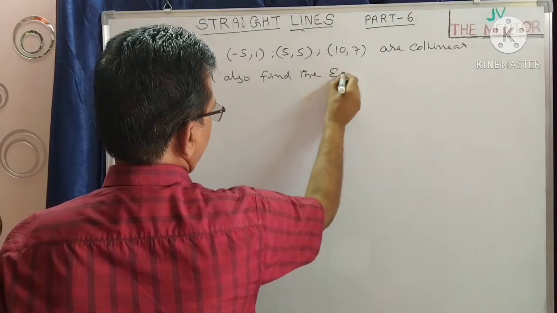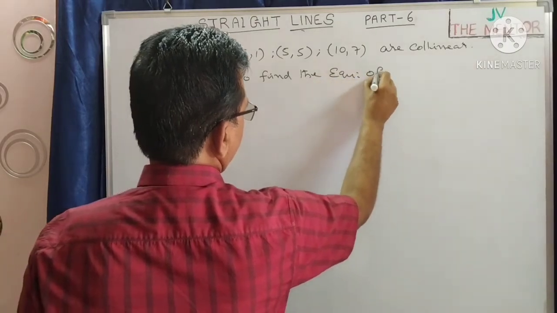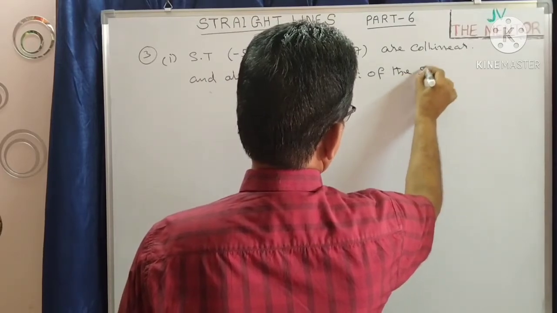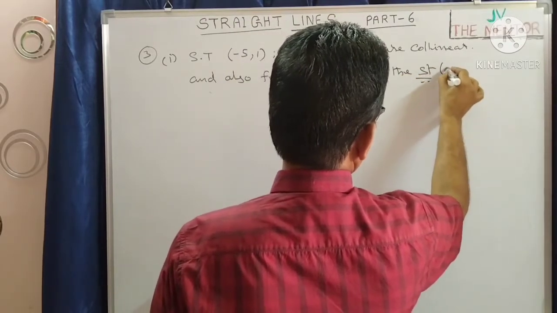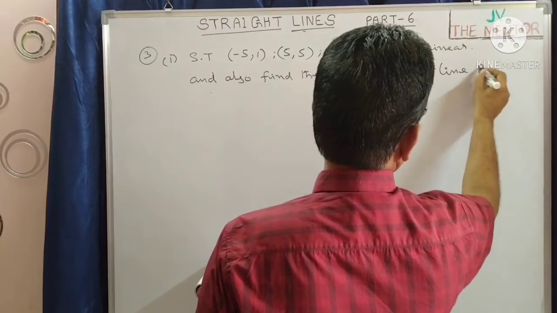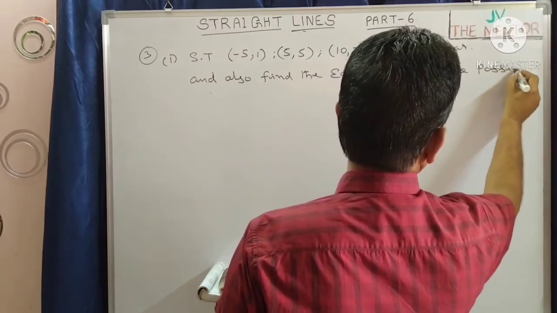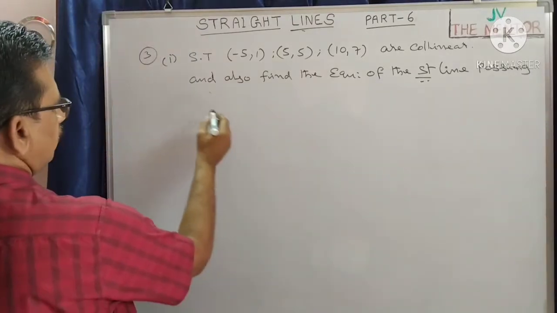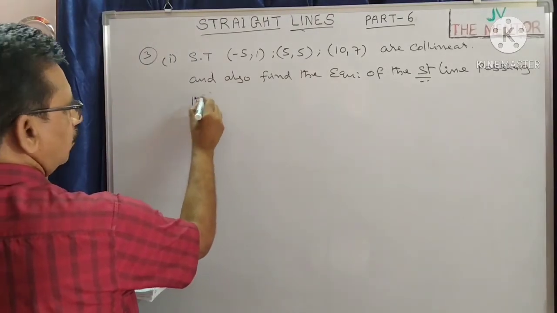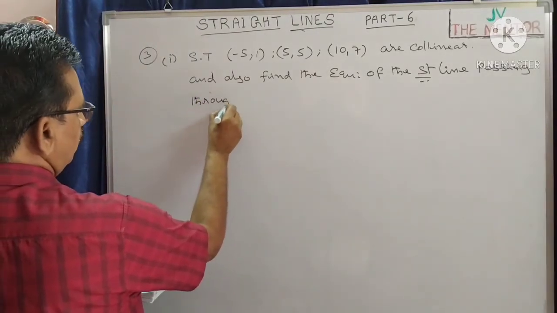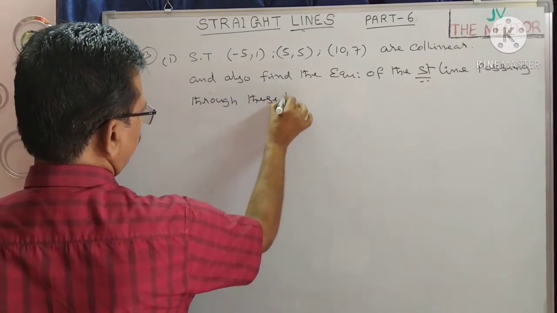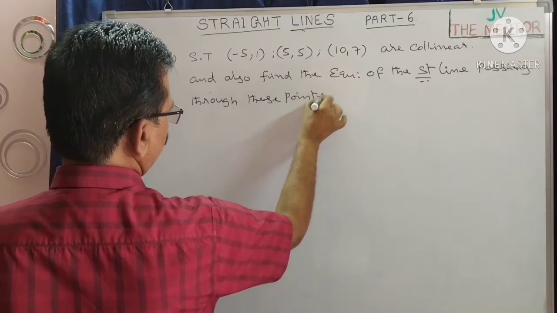Find the equation of the straight line passing through these points.